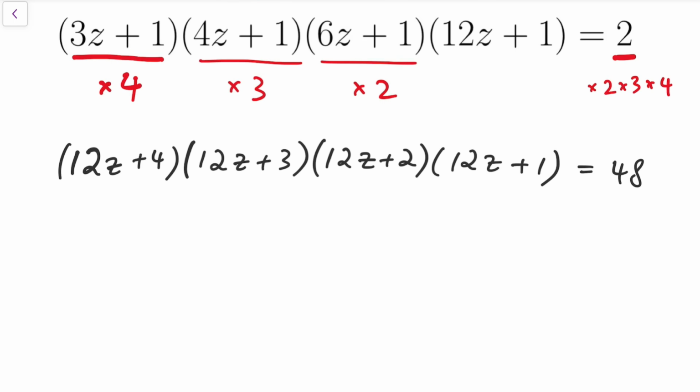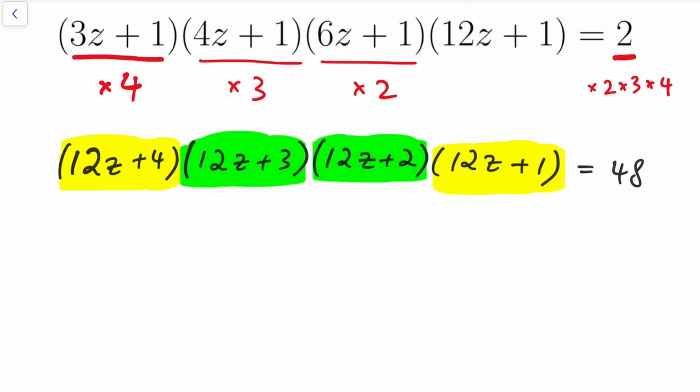Now the reason that I chose to do this is that if I group the terms in this way, grouping 12z + 4 and 12z + 1 together, and 12z + 3 and 12z + 2 together, and if we expand, then for the first group, the yellow group, we have 144z² + (4 times 12 plus 1 times 12), and that's 60z, plus 4.